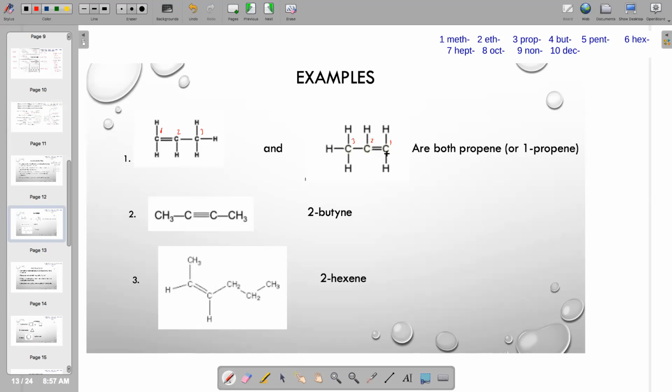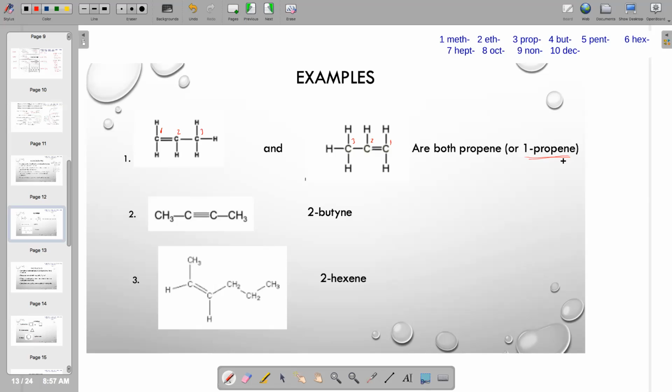So the first carbon is the carbon on the left anyway. There's no other way to have propene besides having a double bond between one of the 2 sets of carbons. So it's always just propene. 1-propene is also kind of okay, but that's kind of redundant or unnecessary.